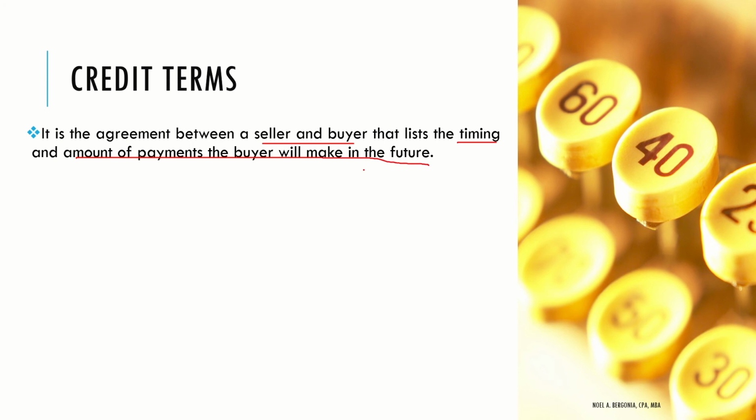So, eventually, this is the agreement between the buyer and the seller, hanggang kailan po yung due date ng bayaran. Kasi 'di ba papautangin natin as a seller yung buyer natin. So, dapat may mapag-usapan tayong kailan yung due date. Hindi pwede na hayaan lang natin, antayin lang natin na magbayad si buyer. Okay? So, let's have some sort of credit terms.